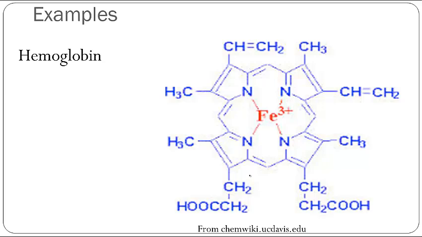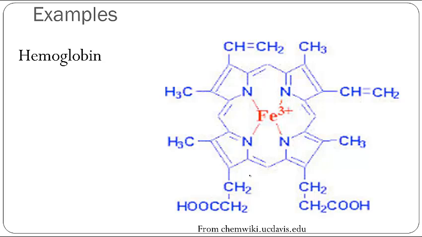What does hemoglobin do? Yeah, so hemoglobin carries oxygen around in the red blood cells. Not just does it carry oxygen around, it also gets carbon dioxide out, right?